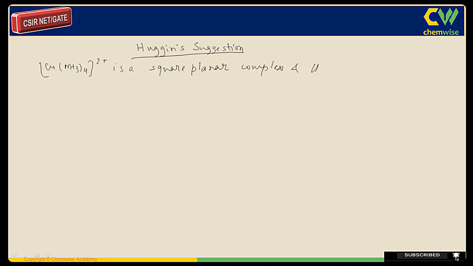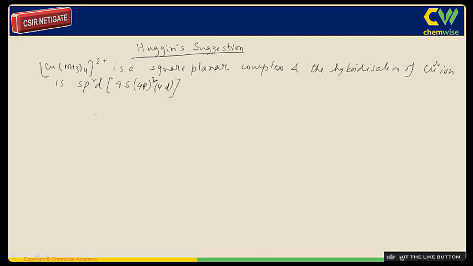And the hybridization of the copper 2+ ion is sp2d, not dsp2, that is 4s, 4p2 and 4p.